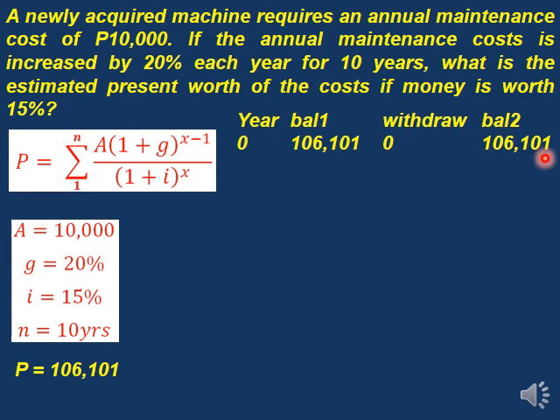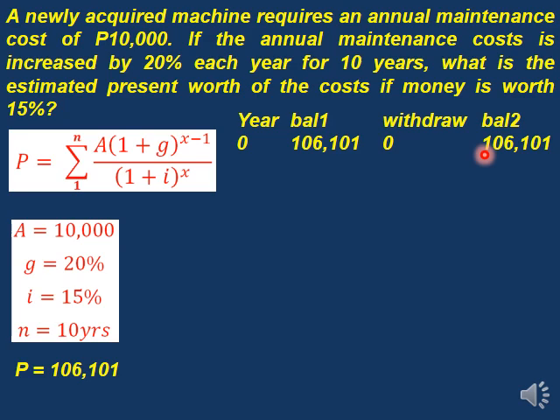Assuming that this money is deposited in the bank, because this problem states that the worth of money is 15%, meaning there is an available opportunity around that is capable of increasing your money by 15% yearly. So now is January 1. We will deposit this money in the bank such that it will earn 15% yearly.